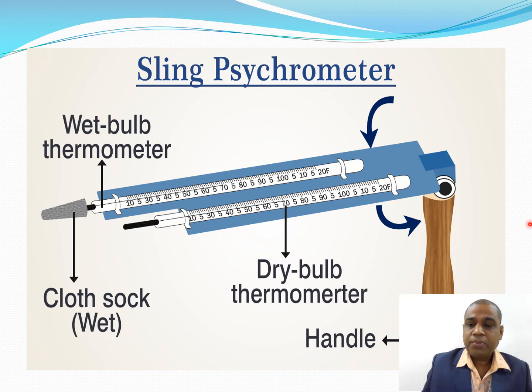So this sling psychrometer operation is very simple and normally used in different laboratories, different air conditioning fields to measure dry bulb temperature and wet bulb temperature of air.